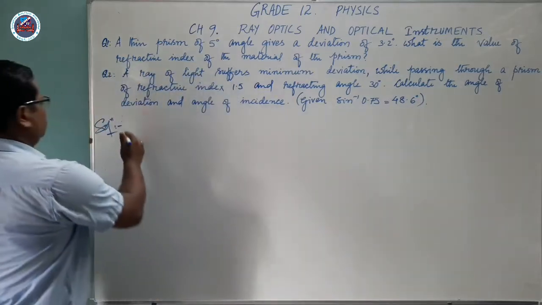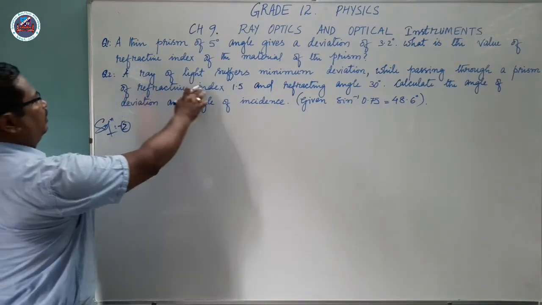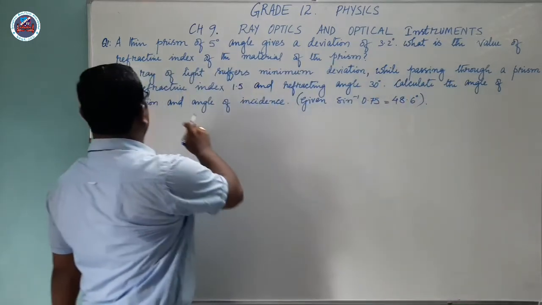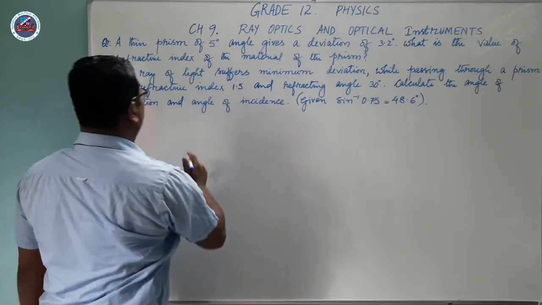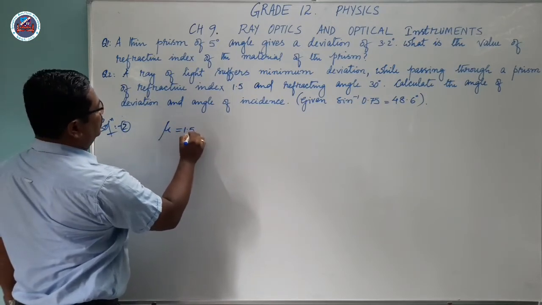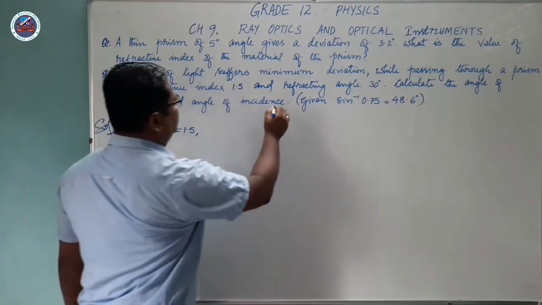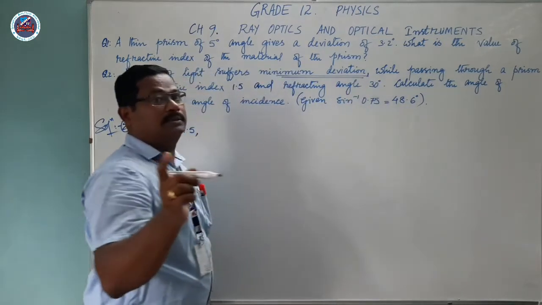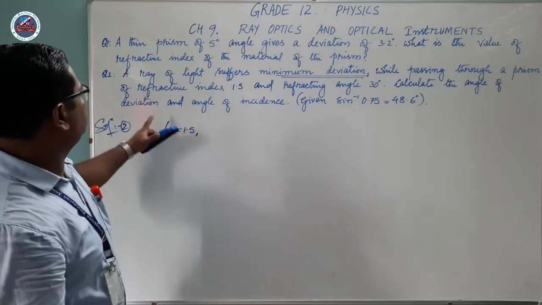In the second question, a ray of light suffers minimum deviation while passing through a prism of refractive index 1.5. Refractive index is 1.5. It suffers minimum deviation. Keep in mind the conditions when minimum deviation occurs.